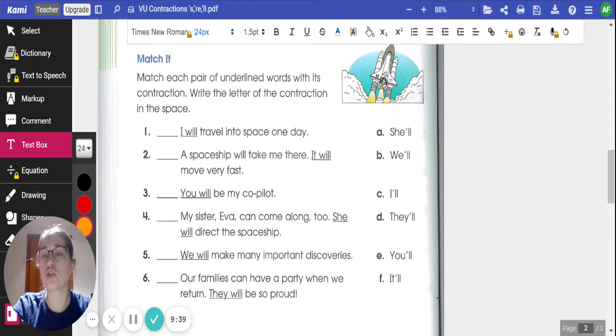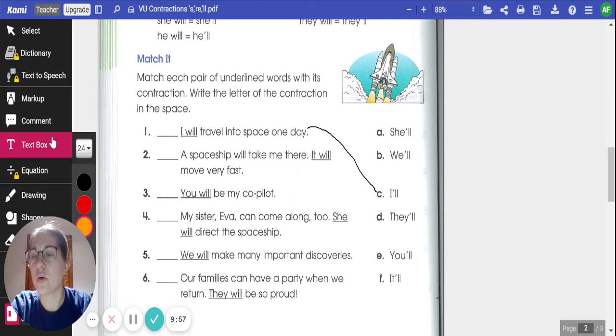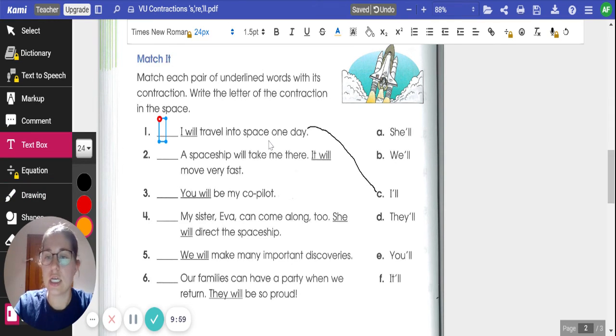Number 1, I will travel into space one day. I will is our contraction, and I know that's I'll, I apostrophe L-L. I'm going to look for that one, and I'm going to draw my line down to letter C. I'll go ahead and write C next to number 1. I will becomes I'll.